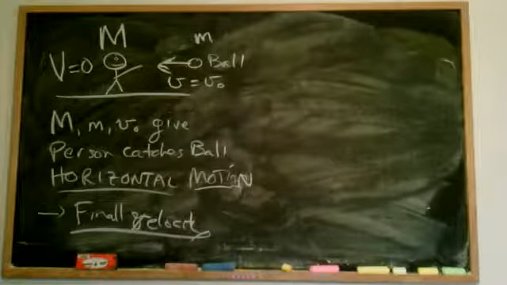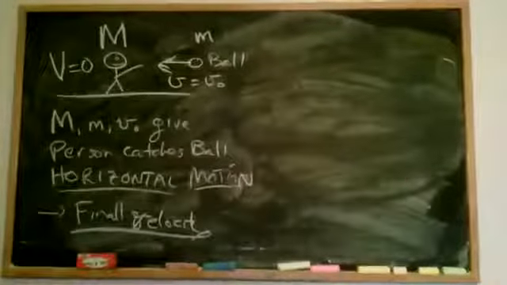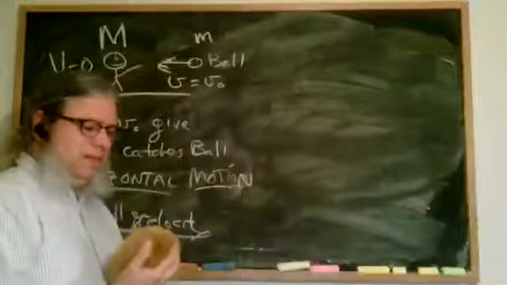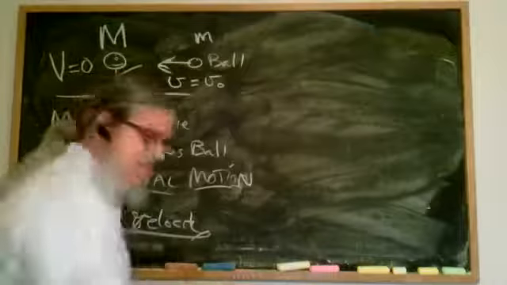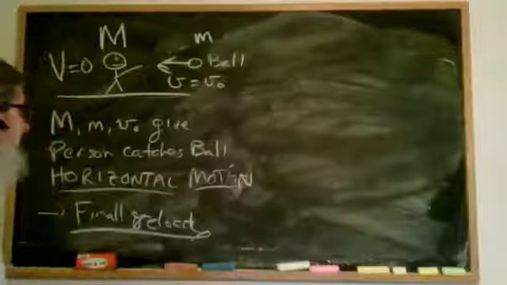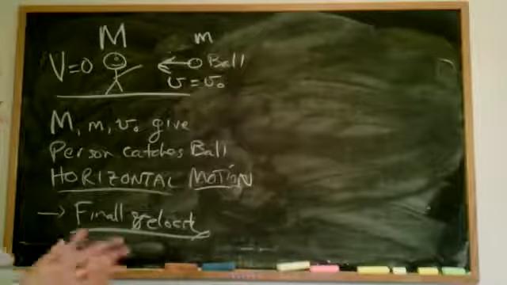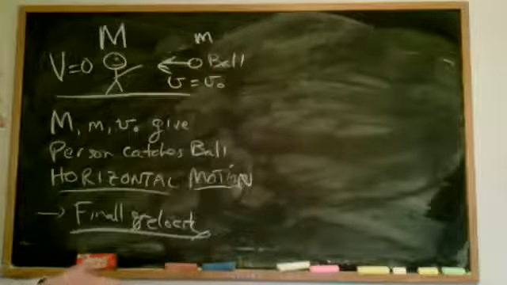Okay. So it's a catch, right? The ball comes in, I catch the ball. What's my final velocity? There's a piece of information that's important in this problem that I haven't told you.